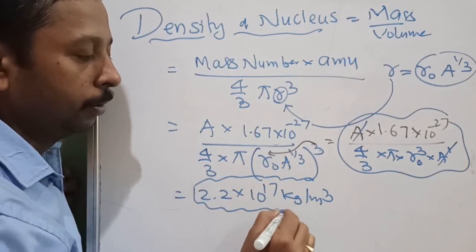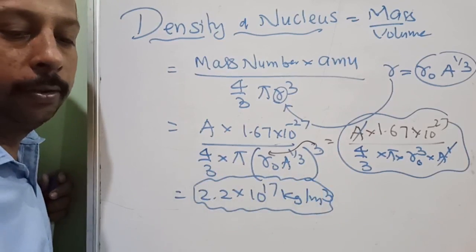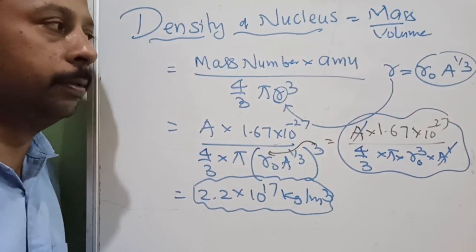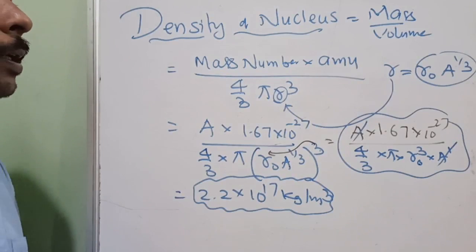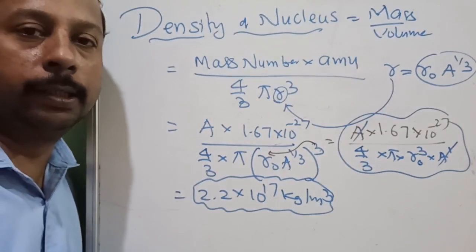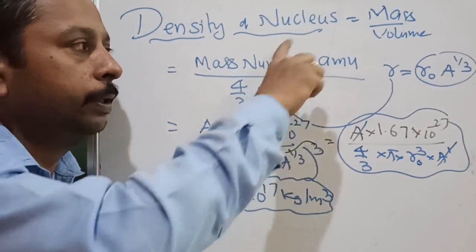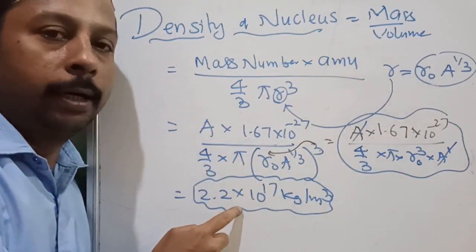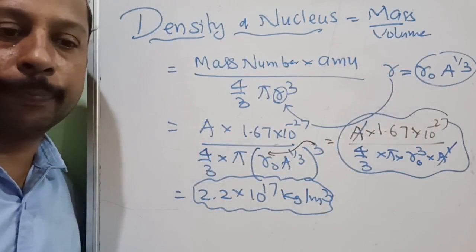Okay. So this was the density of a nucleus, nearly 2.2 into 10 to the power of 17 kg per meter cube. How the density is derived, how the density is calculated. Everything is interrelated. If I don't teach you this, then you cannot understand how this formula came. Okay.